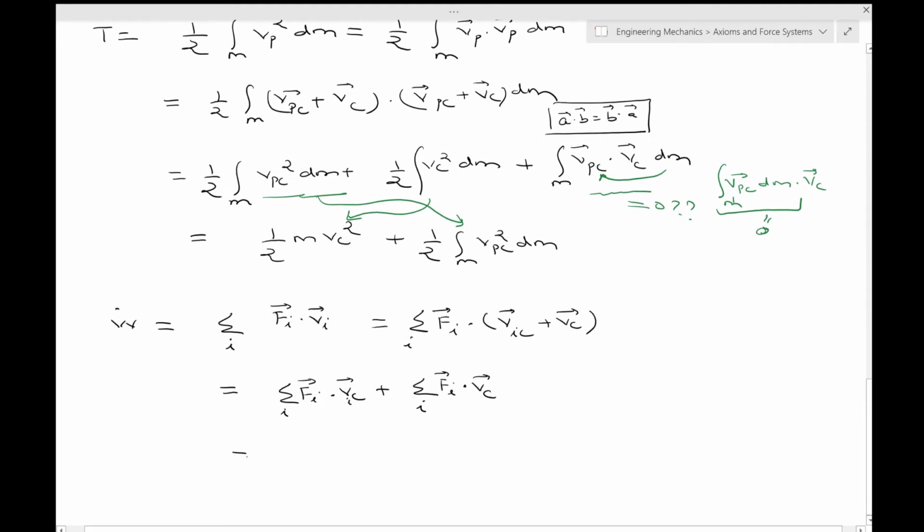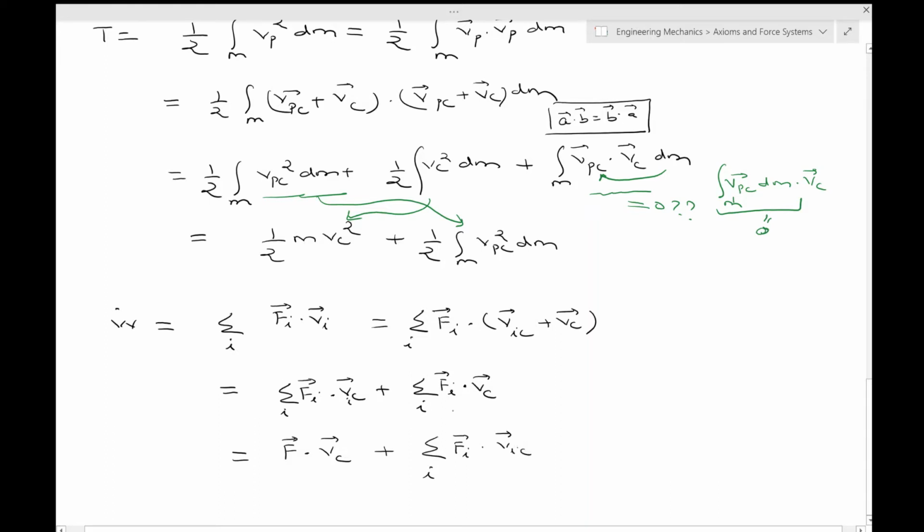Okay, now this quantity can be written as F dot vc plus sum of fi dot vic.